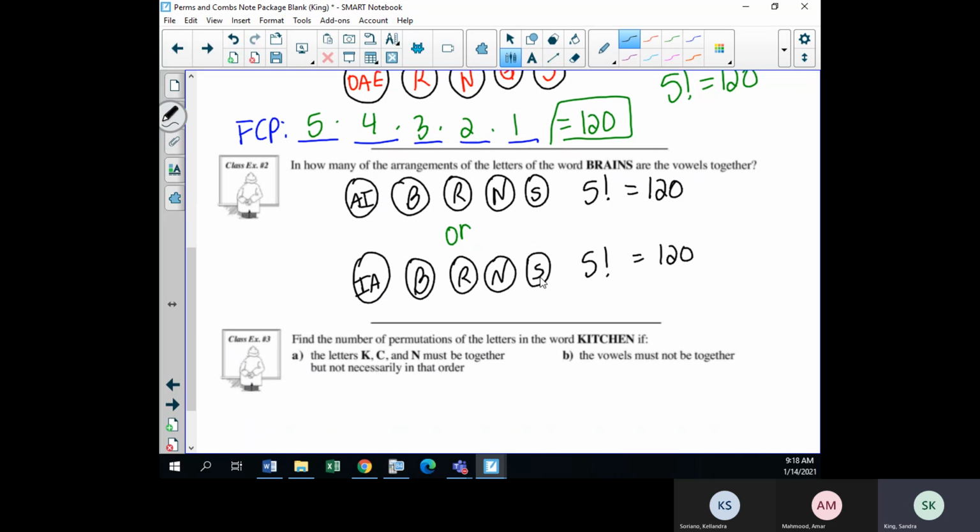What do we do if it could be this or this? You add. So if it's that or that, that implies that we add. So our total number is going to be 240 different arrangements.